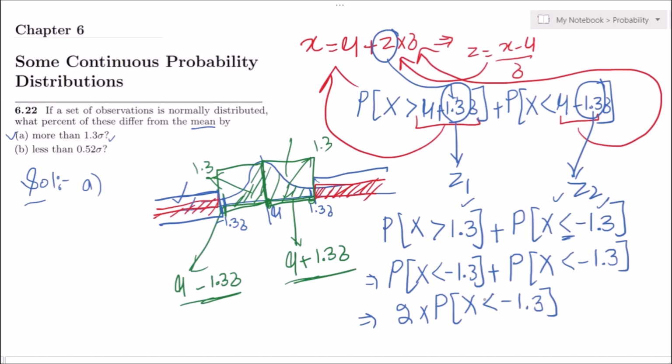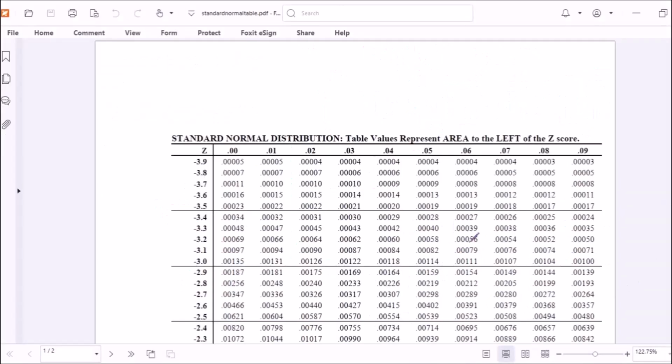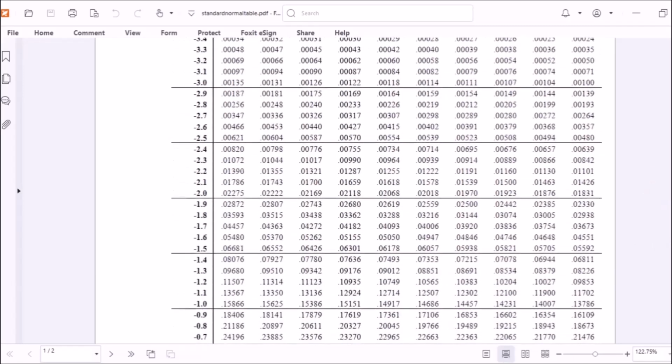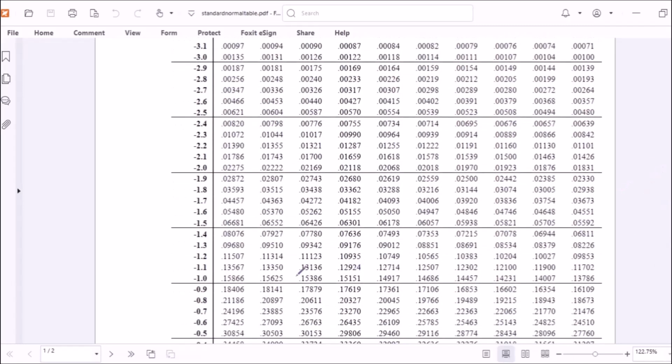Now this is in the z distribution, and in order to find this probability, we can move to the z distribution table, where we find the probability that x is less than minus 1.3. So let us move there. So x less than minus 1.3, here it is.